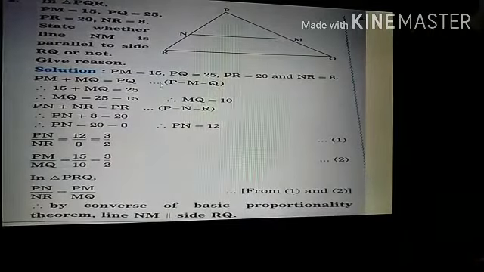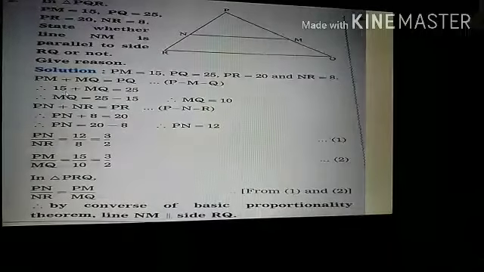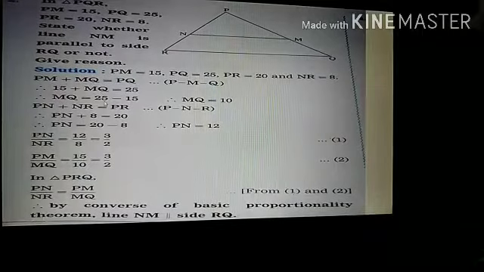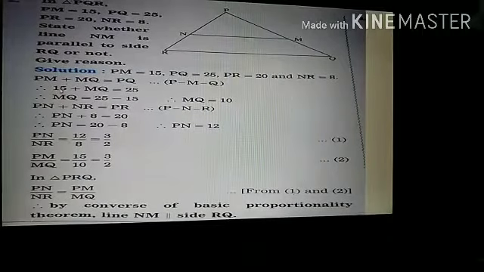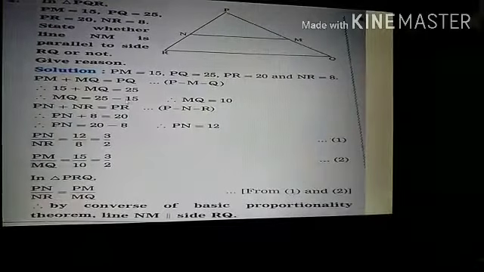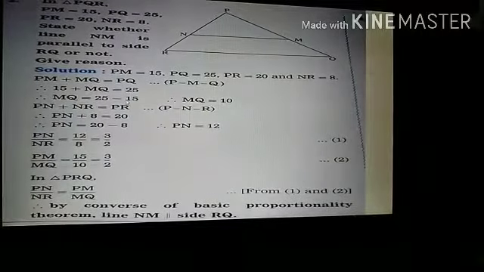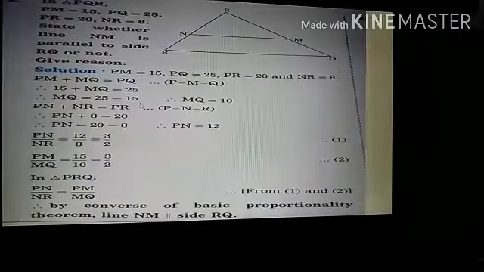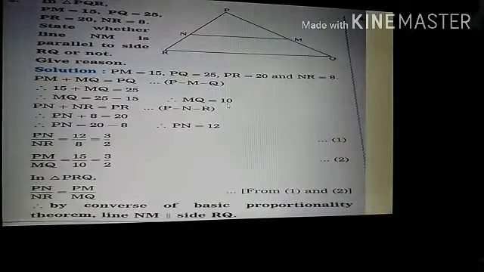Substitute the values known to us. PM is 15, MQ is the unknown value, PQ is 25. To find MQ, we'll write down 25, 15 goes on the other side, we get it as minus 15 because positive will turn into negative. So 25 minus 15, the answer is 10.